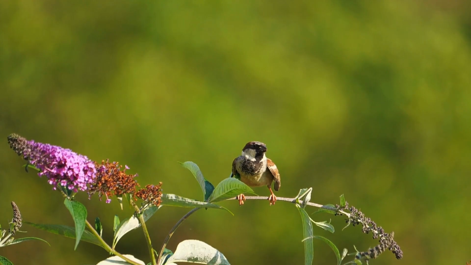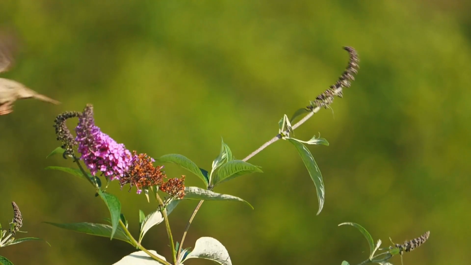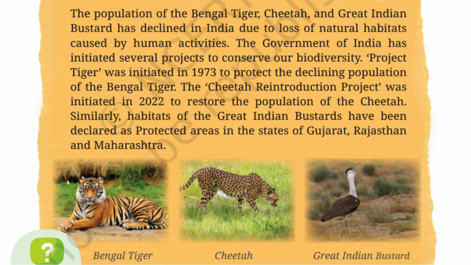And when habitats are damaged, many living beings disappear, leading to a loss of biodiversity. The population of the Bengal tiger, cheetah, and great Indian bustard has declined in India due to loss of natural habitats caused by human activities. The government of India has initiated several projects to conserve our biodiversity.